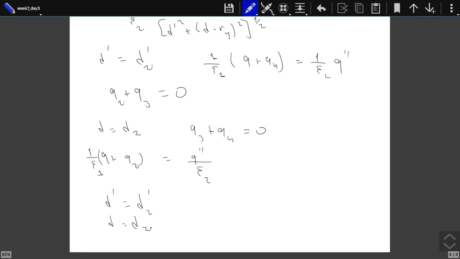So this basically tells me just as in the conductor case, the image points are at the symmetrical points. They should be at the symmetrical points. So this is this equation and this equation. And then we have Q2 plus Q3 is equal to 0. This is this equation. And if you just combine this with this equation, Q2 is equal to Q4.